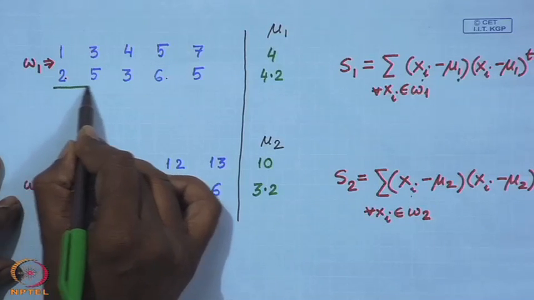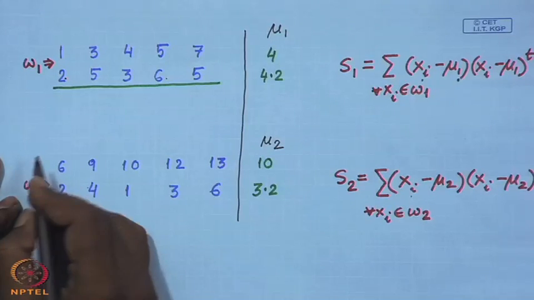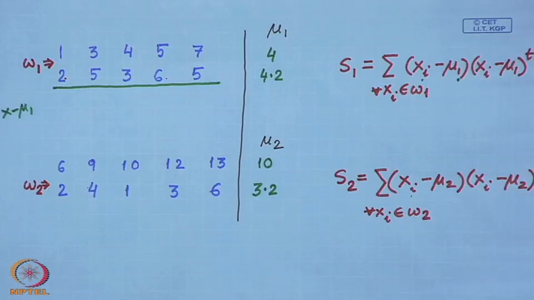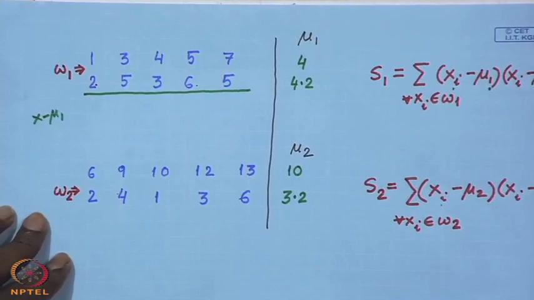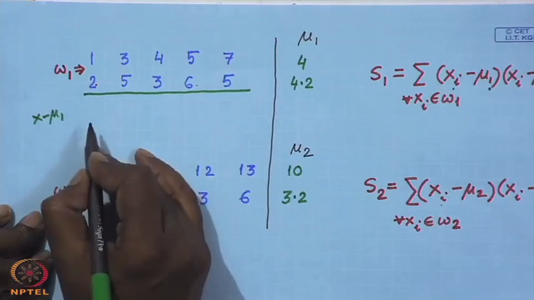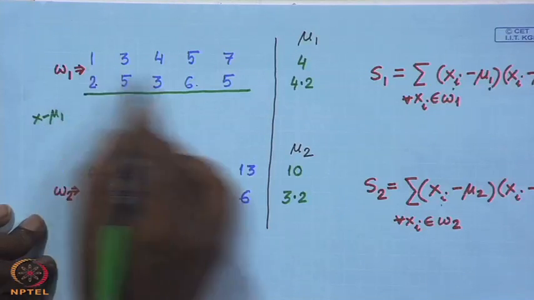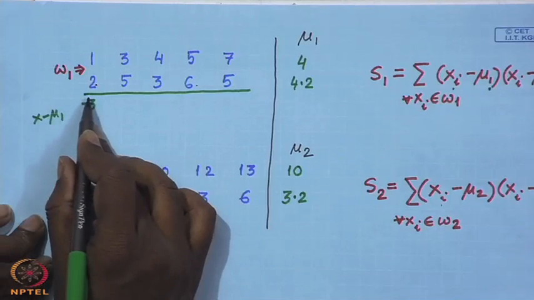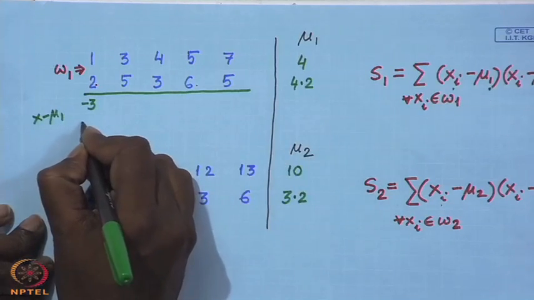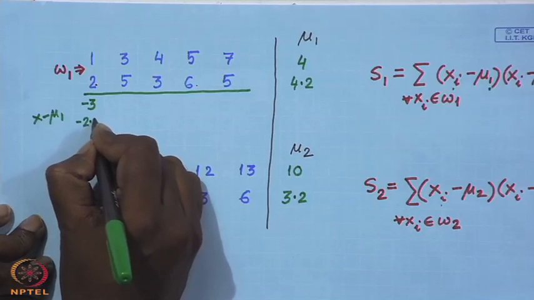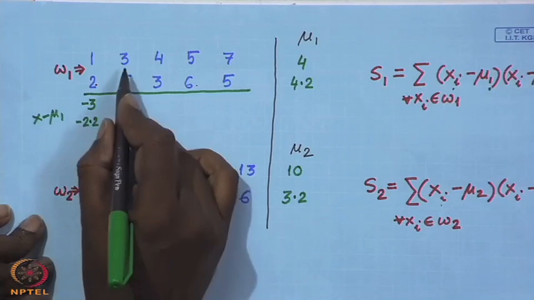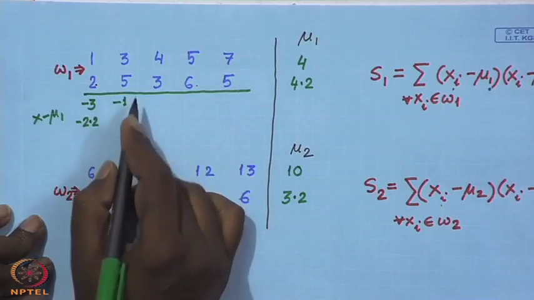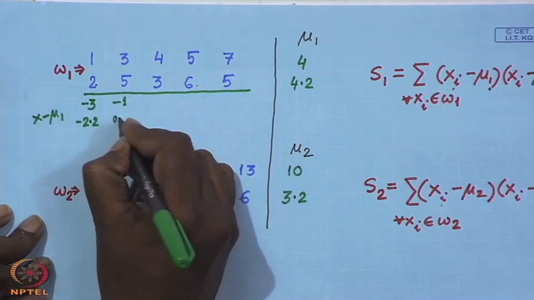So, over here you find that for all the samples belonging to class omega 1, I compute x minus mu 1. So, x minus mu 1 over here will be simply 1 minus 4, that is minus 3, for the first sample, then 2 minus 4.2, so this will be minus 2.2. Similarly, over here for the second one, it is 3 minus 4, that will be minus 1, 5 minus 4.2, that will be 0.8.